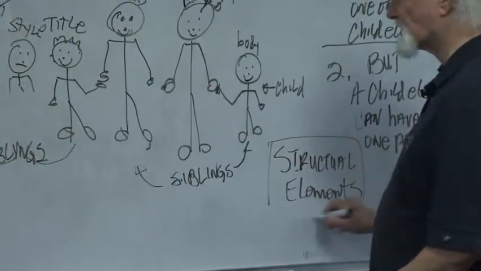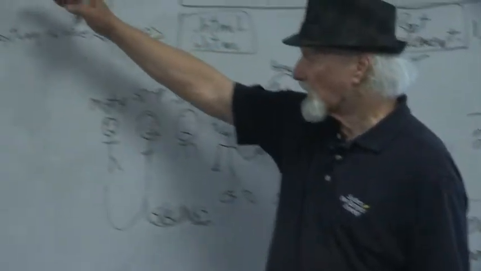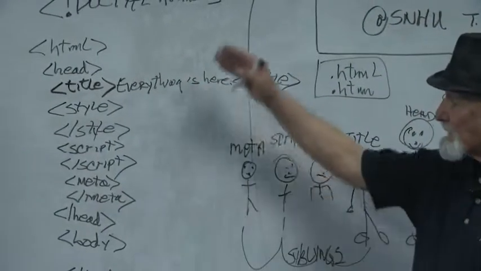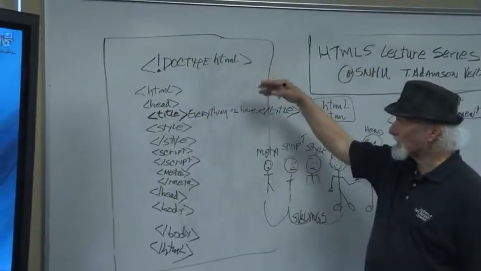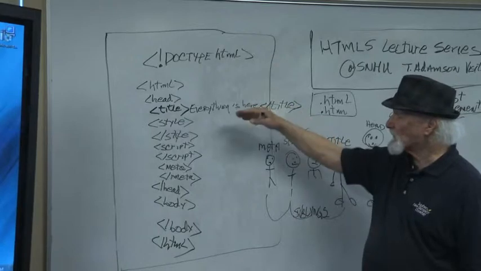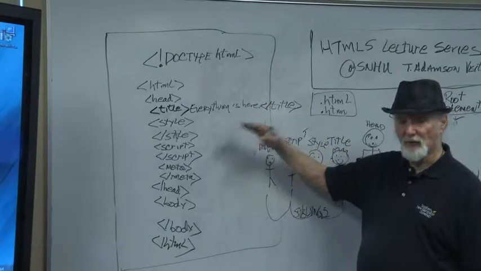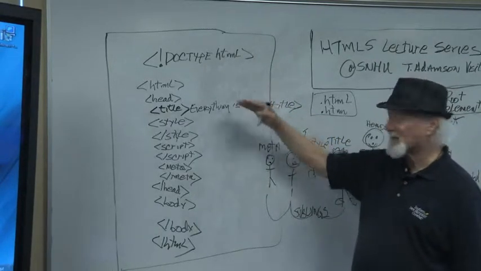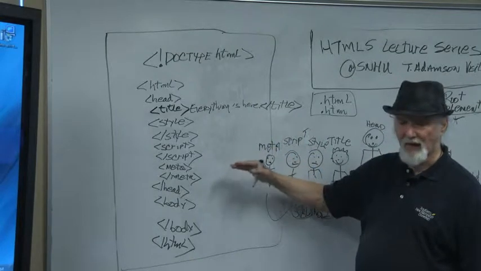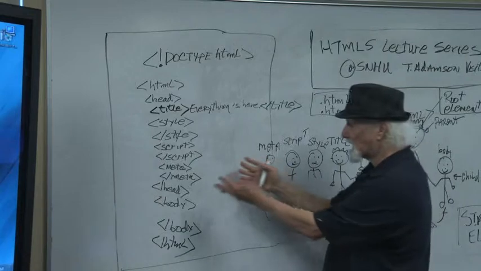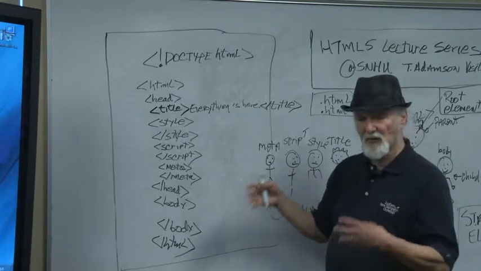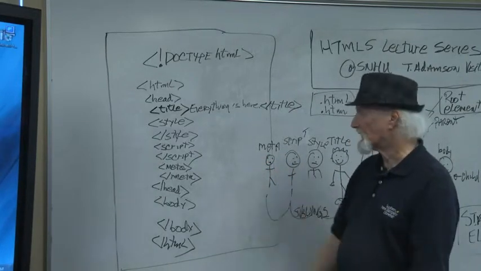The structure of this web document will be the same for all web documents that are going to be HTML5 compliant. What they do is they set a structure for the browser. The browser expects certain things to be at certain places at certain times. And within that structure now, I can start putting things in that'll do some really cool stuff.